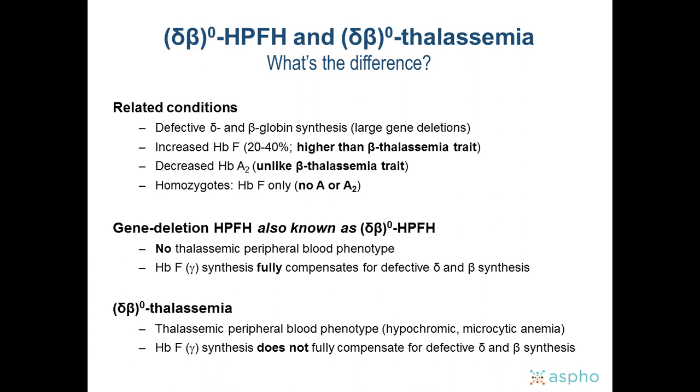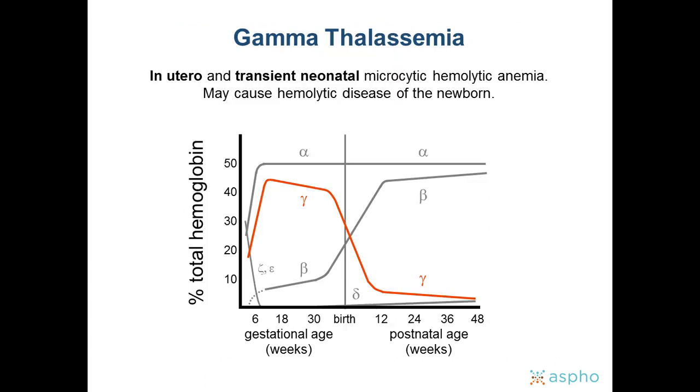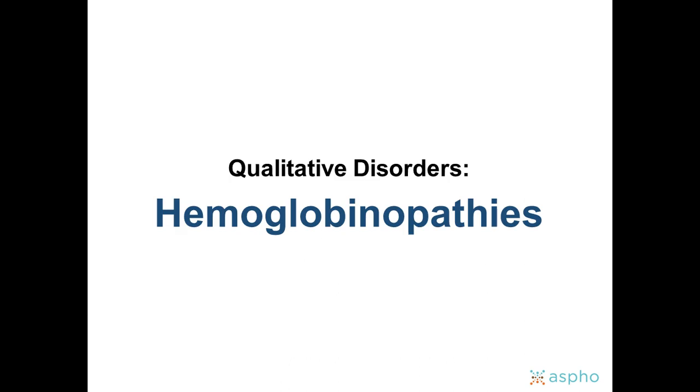So delta beta thalassemia, you're going to get microcytosis and anemia. Gene deletion HPFH, no microcytosis and anemia. Now, it's important to remember that you can get transient neonatal thalassemias in utero and transient microcytic hemolytic anemias. It can be a cause of hemolytic disease of the newborn. This is a disease that goes away, as you can imagine.